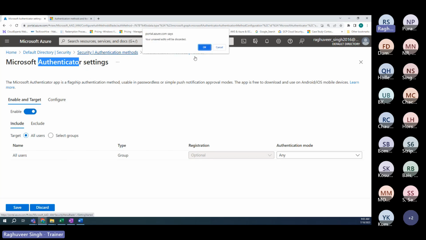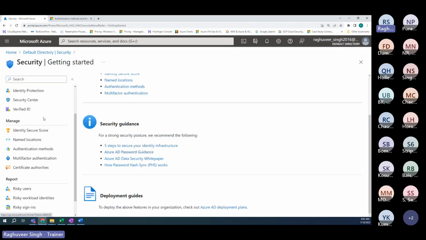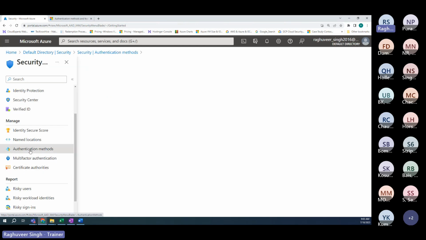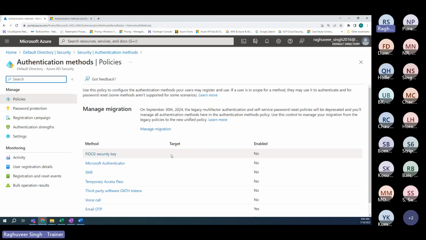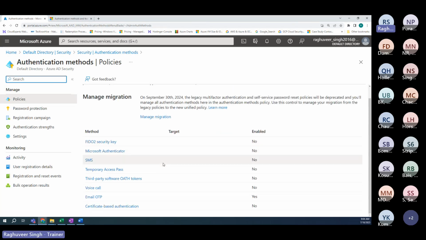And similarly, other than Authenticator, you have all of these authentication methods available that Azure Active Directory provides. Now, some authentication methods require you to spend some additional money, some additional dollar value. Some authentication methods are free of cost. For example, email OTP is free of cost. There is no charge for it. Microsoft Authenticator, free of cost.